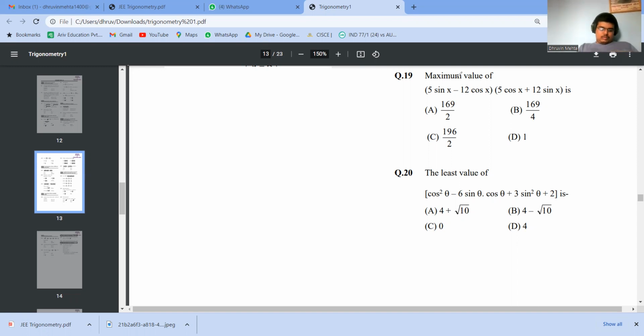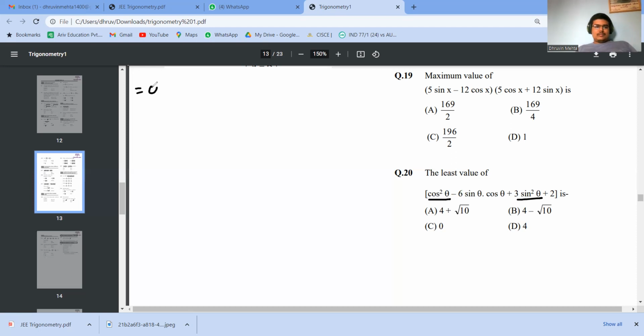Can we convert the plus 2 into a whole square form? No. Why are you worried about this 2? There are too many sin cos terms. Just simplify that first. See, cos square is there, sin square is there.